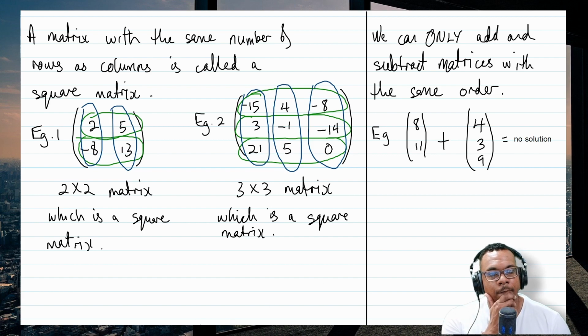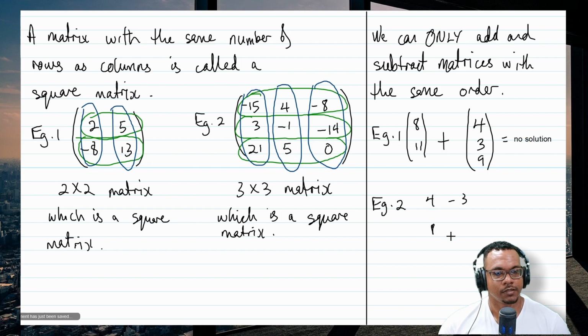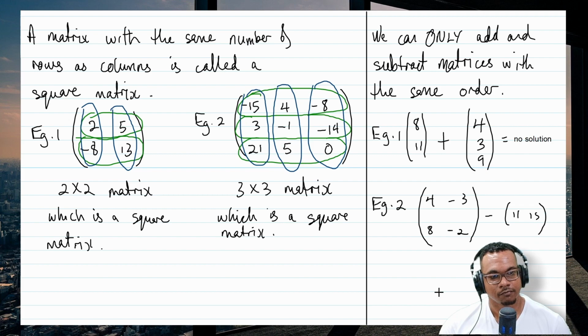All right, if I had 4, negative 3, 8, negative 2, take away 11, 15.